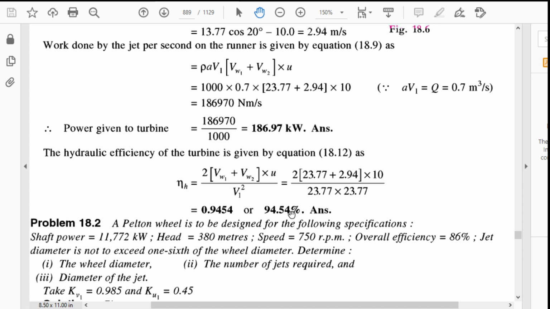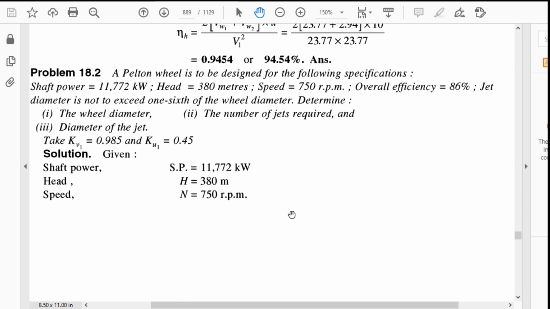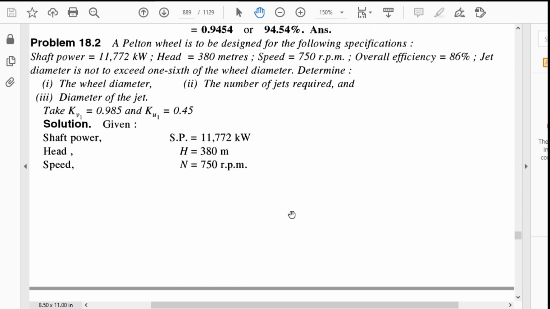Now the second numerical on the same is: a Pelton wheel is to be designed for the following specifications. Shaft power equals 11,772 kilowatts.